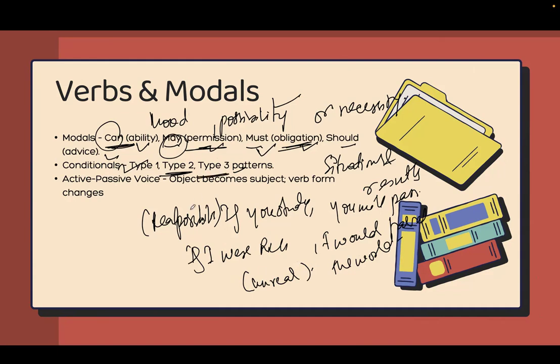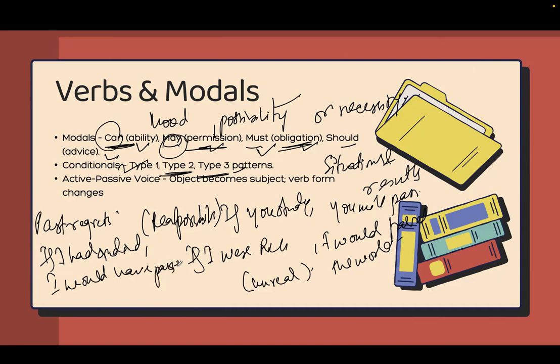The third type pattern, I can use for past regrets. Past regrets like if I had studied, okay, if I had studied, I would have passed. You see the three conditions that we have to talk about the situations and the conditions.